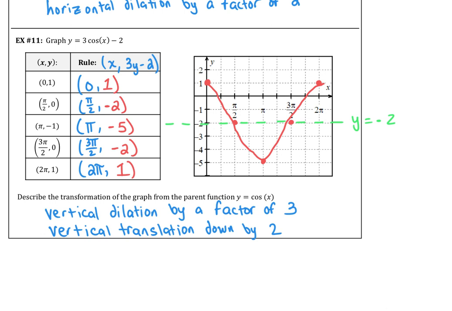And then our amplitude is going to be 3. Just remember, amplitude is the distance between our max and our midline. So 1, 2, 3, that's our amplitude, this little distance here. That would be our amplitude.